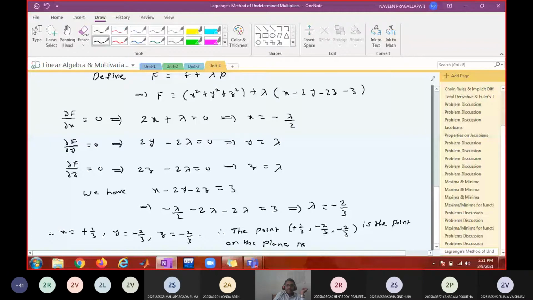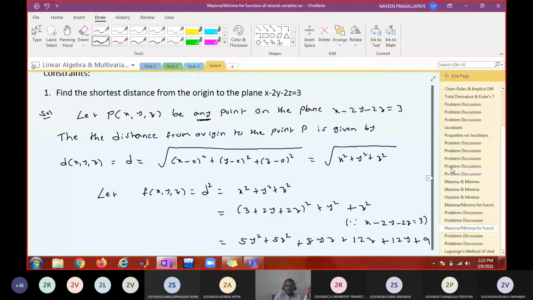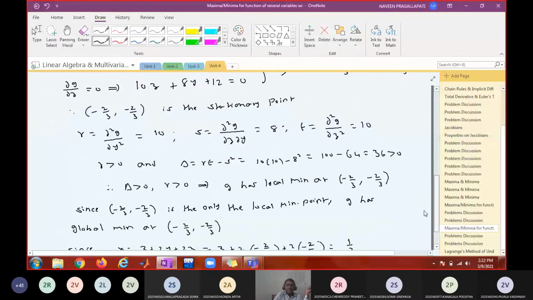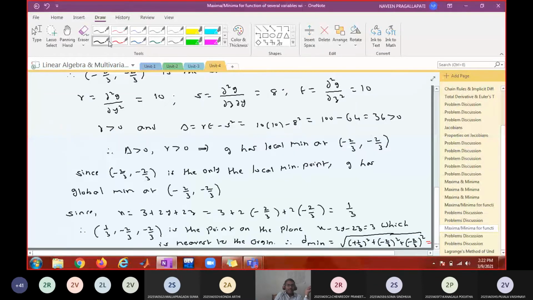And d min is under root of 1 by 3 whole square plus minus 2 by 3 whole square plus minus 2 by 3 whole square, which is equal to 1. That is what we have verified earlier. We got the same point 1 by 3, minus 2 by 3, minus 2 by 3.